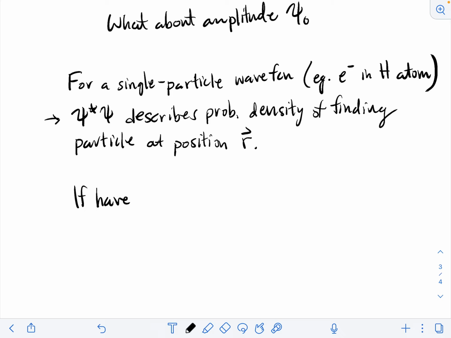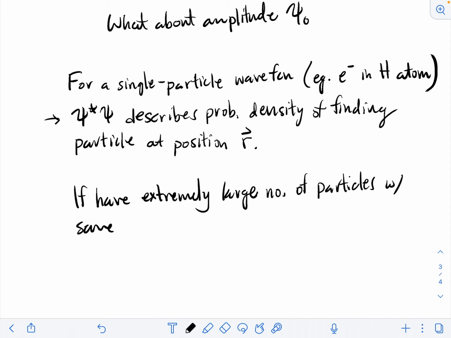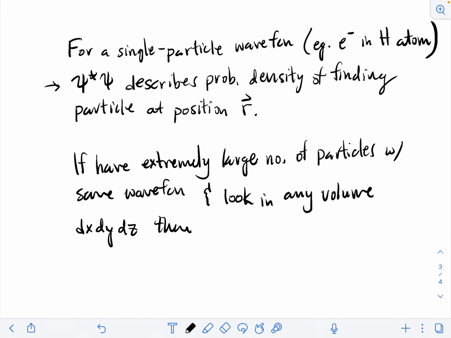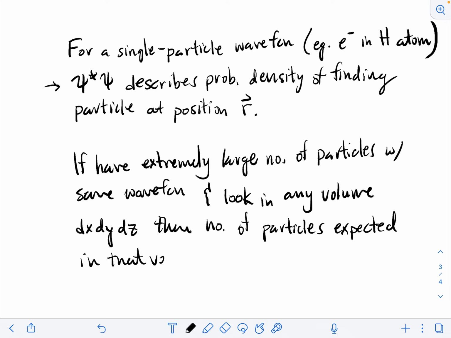If we now have an extremely large number of particles with the same wave function, which is the case we're considering in our Bose-Einstein condensate of helium atoms, and we look in any volume in Cartesian coordinates dx, dy, dz, for example, then the number of particles expected in that volume is proportional to the absolute square of the wave function times this volume element.